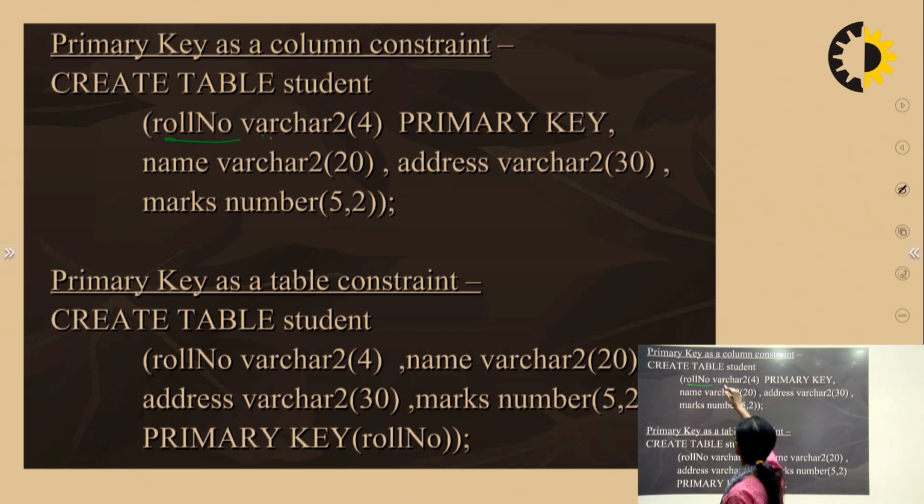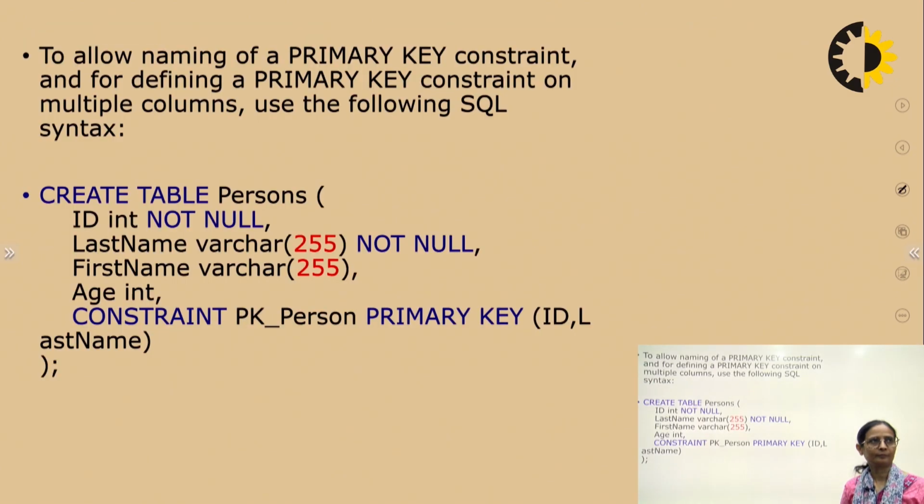Column name, data type, and then the name of the constraint, that is primary key. At the table level, that is primary key, and then the column name on which I want to give this particular primary key.